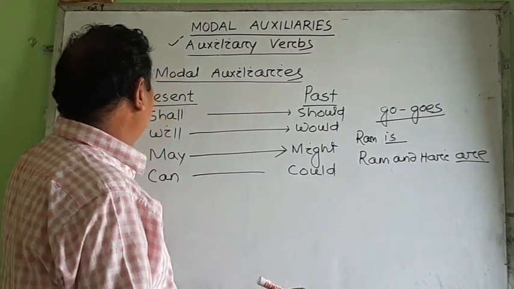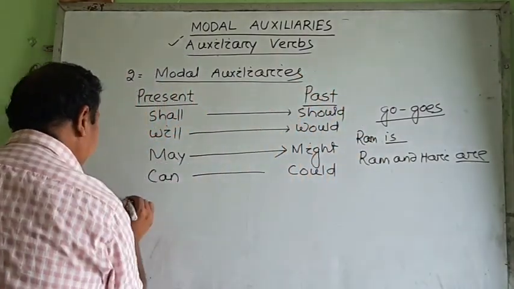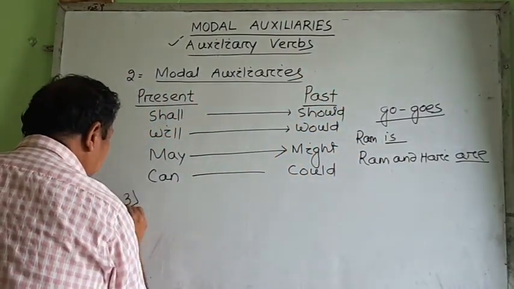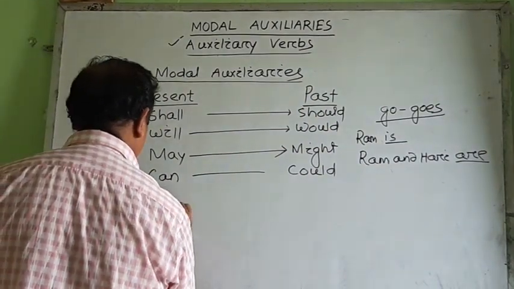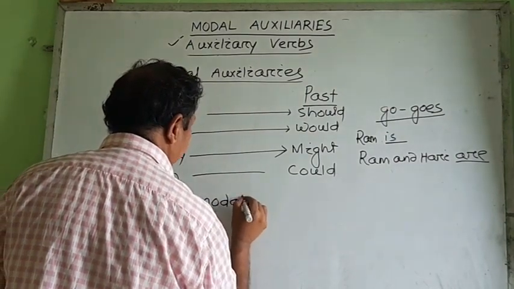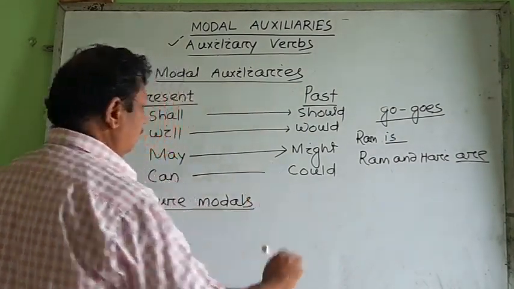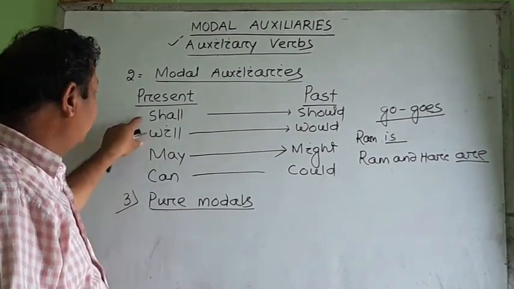In that case, they are the modal auxiliaries. Sometimes I even divide them into 3 types. These are the pure modals, and they have distinguished uses compared to even shall and will.